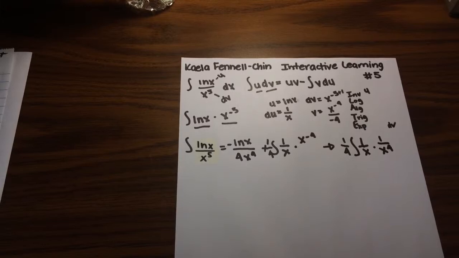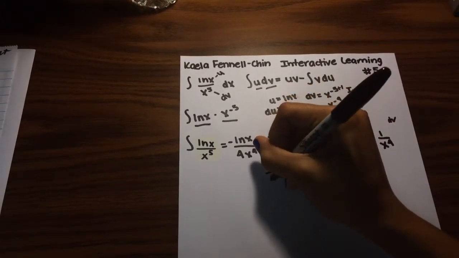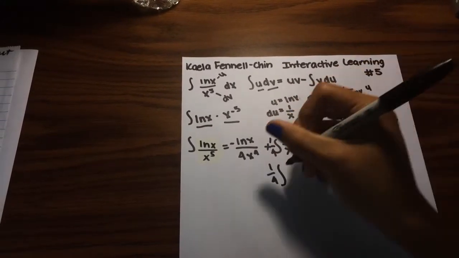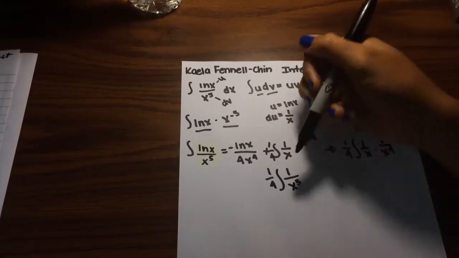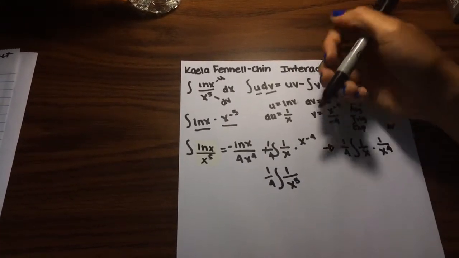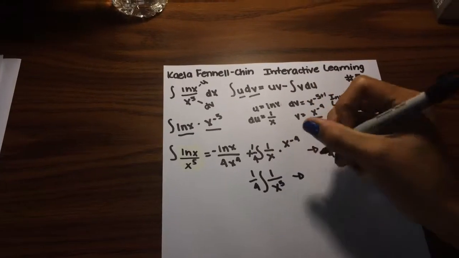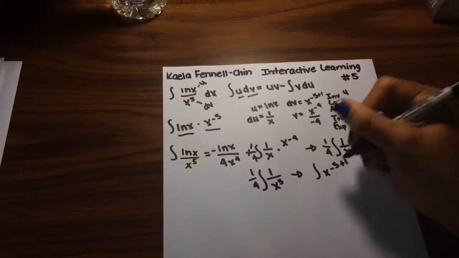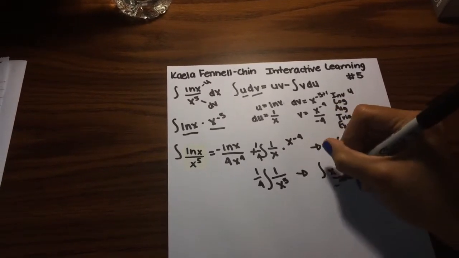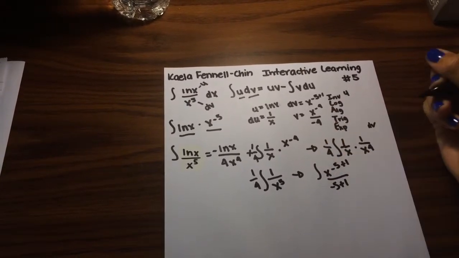Then if we simplify that some more, we're going to have 1/4 the integral of 1 over x to the 5th. And then now we're just going to take the integral of this. So to see it better, we can make it the integral of x to the negative 5th. And then we're going to add 1 and divide by that.